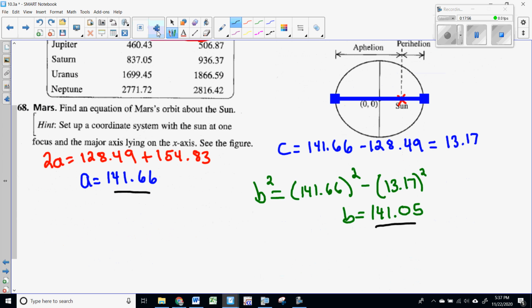So finally, we want to write our equation. Now these are centered at the origin, remember, and our A is underneath our X. So we get x² over 141.66² plus y² over 141.05² equals 1.